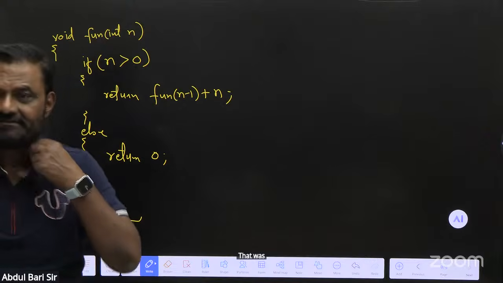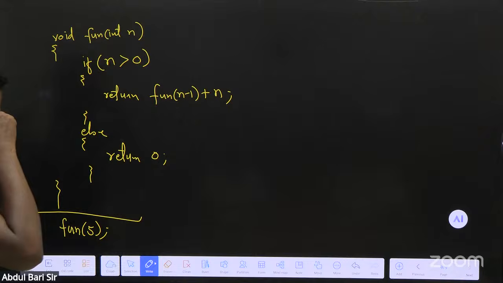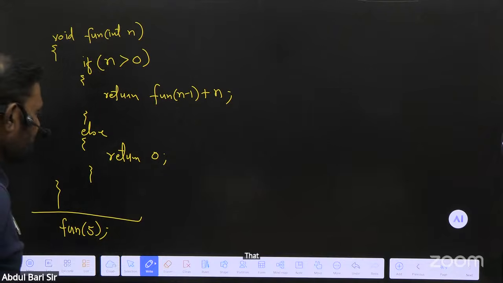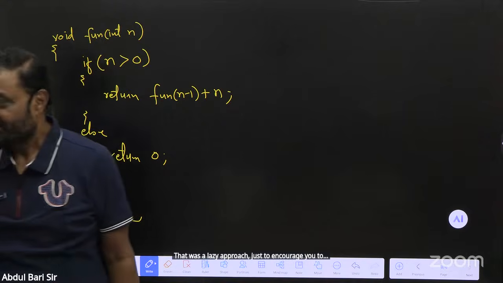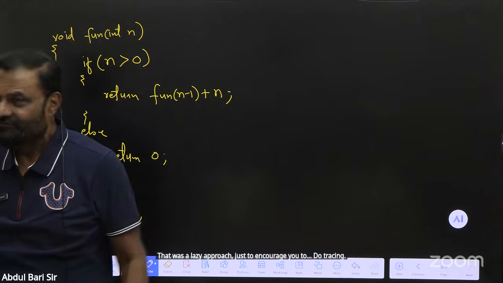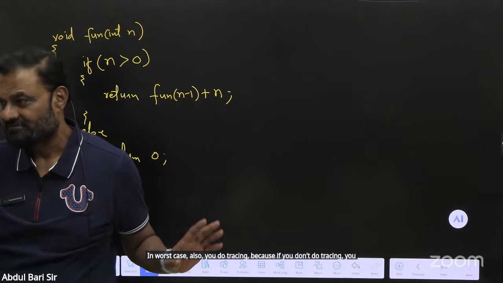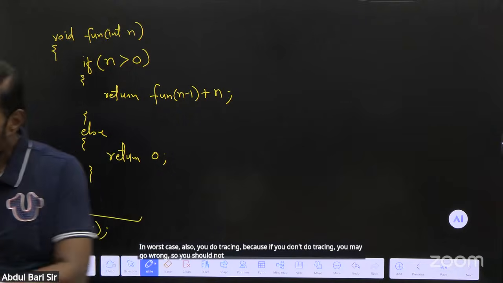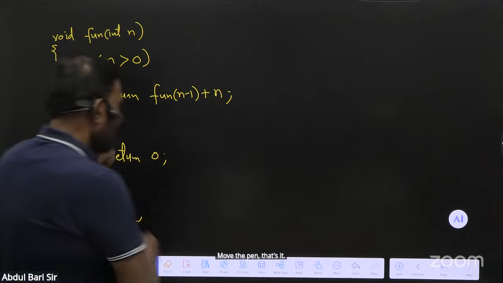That was the point. That was a lazy approach just to encourage you to do tracing. In the worst case also, do the tracing, because if you don't, you may go wrong. So just move the pen. That's it.